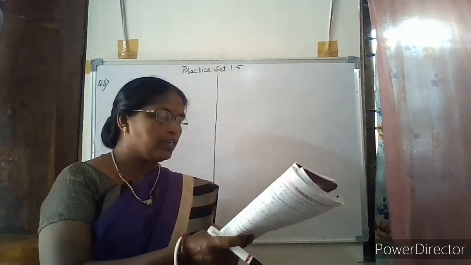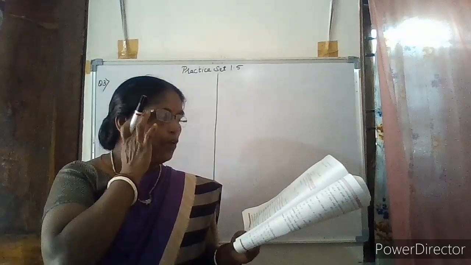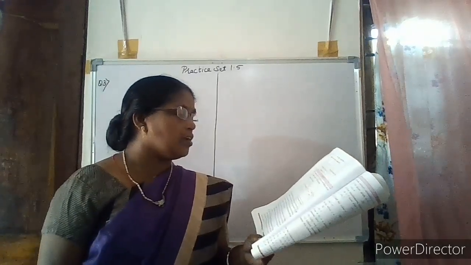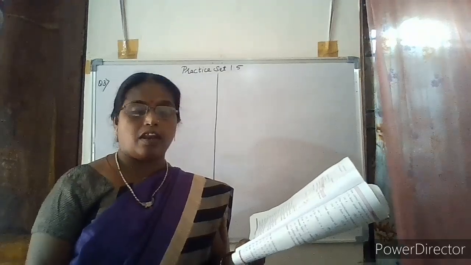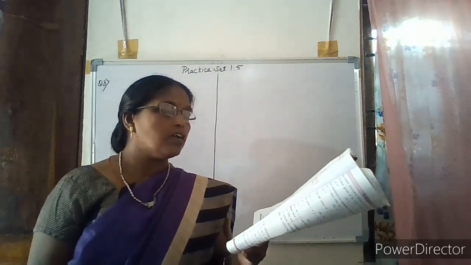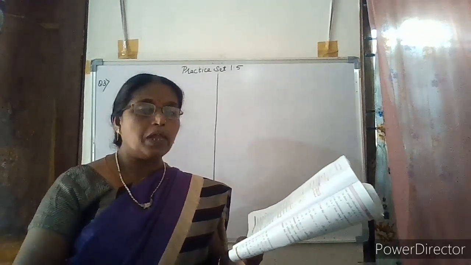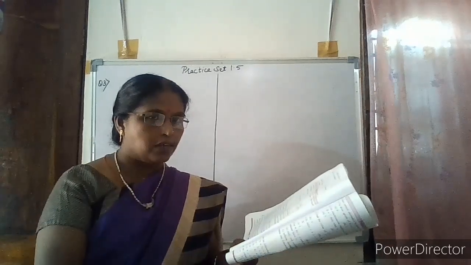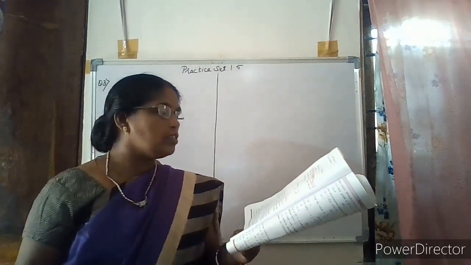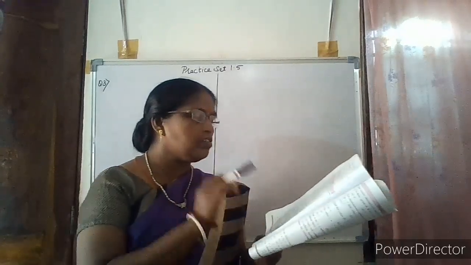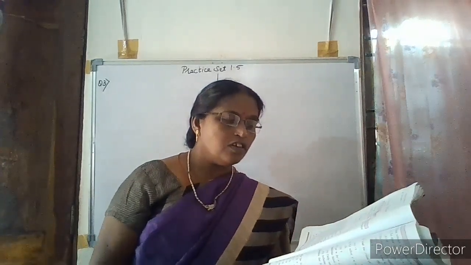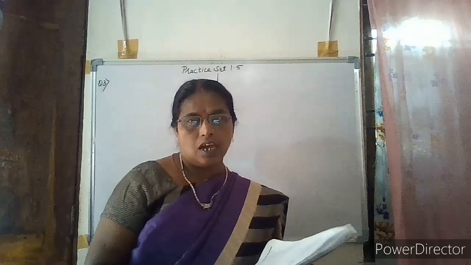According to the second condition, if we double the age of father and add it to the age of his son, the sum is 95. Means double the age of the father and the son's age together is 95. So find their present ages.